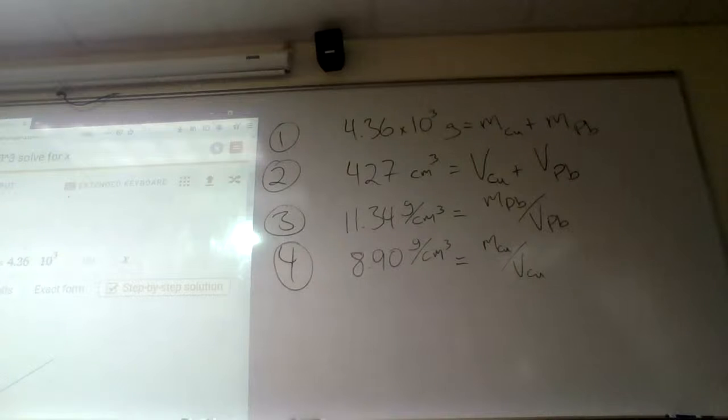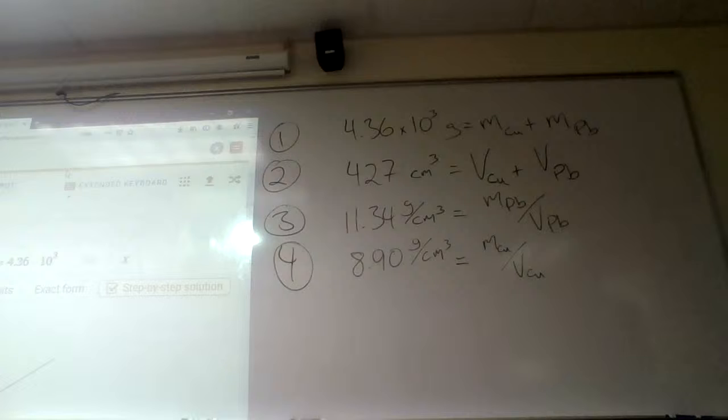But I can actually just go up here and type in all four of my original equations. 4360 equals X plus Y. And then in between equations, you just hit a comma.